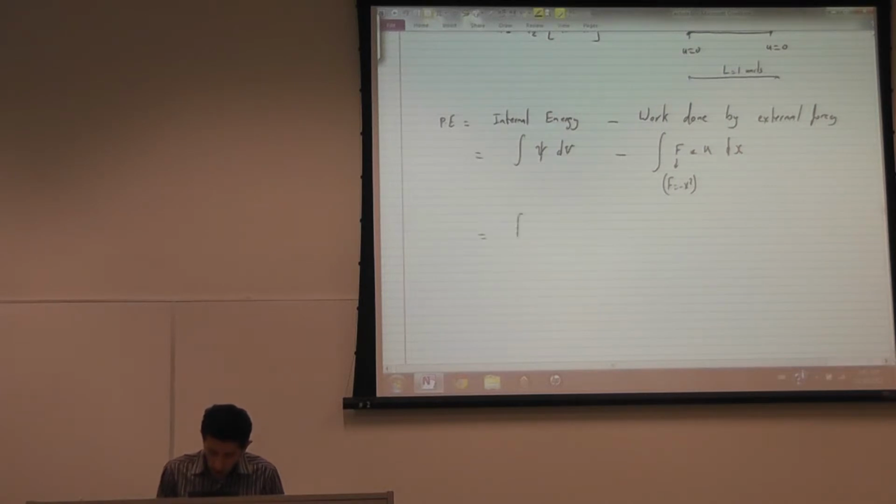So this is equal to C. The volume is equal to the area multiplied by dx, plus u x squared dx.